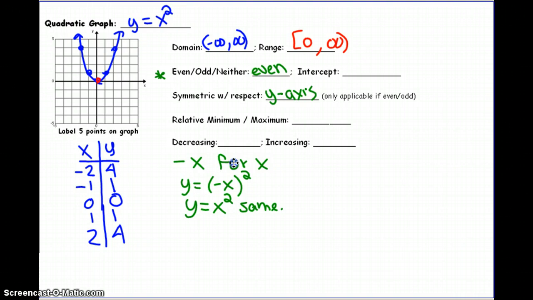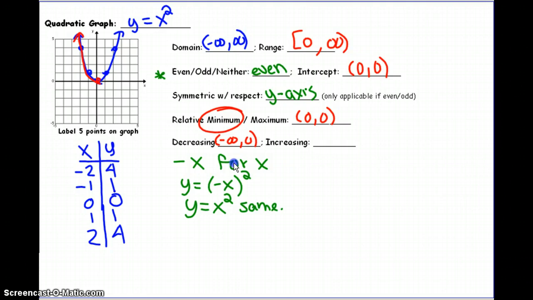I only have one intercept on this graph, and that's the point 0, 0, and it's where our graph touches both the x and the y-axis. We also have a relative min at that intercept, so it is the lowest point on our graph. If we start at the left of our graph and work towards the right, my function is decreasing, and it's decreasing over the domain of -infinity to 0.